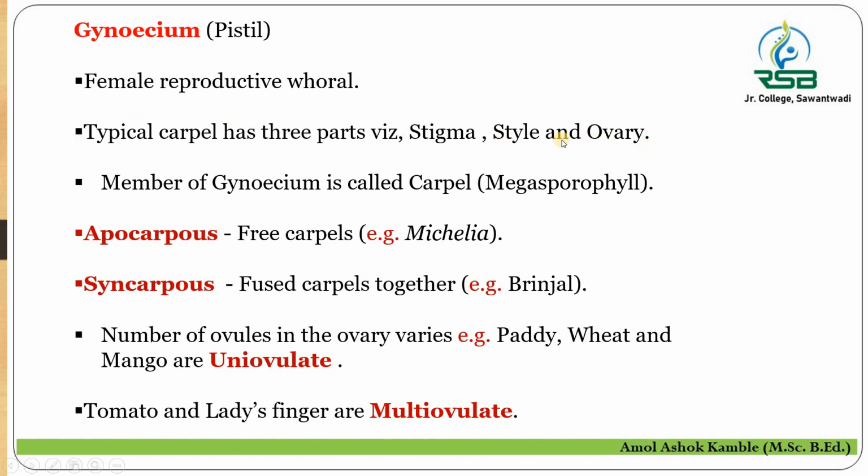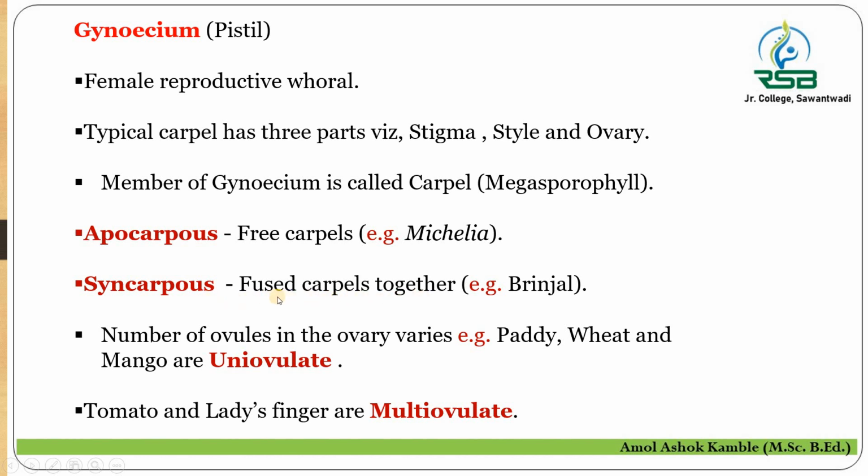Before that, there are some conditions like the apocarpus carpel and syncarpus carpel. What is apocarpus? In apocarpus, the carpels are free from one another. एकामेकापासून कसे असतात, वेगळे असतात, फ्री असतात. For example, in Michelia, the type of carpel is apocarpus. Then the second condition is the syncarpus, where the carpels are fused together.